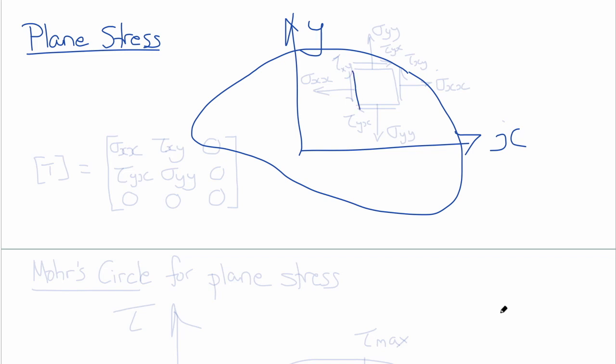This entire body is in a state of plane stress, and now we'll draw a region within it where in general we will have normal stresses in the x direction, sigma xx, normal stresses in the y direction, sigma yy, shown here as tensile, and shear stresses in the xy plane.